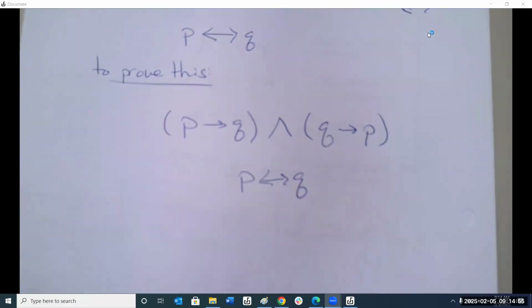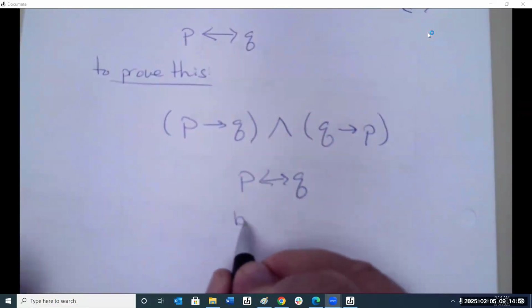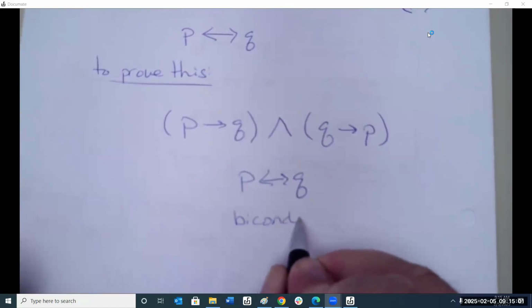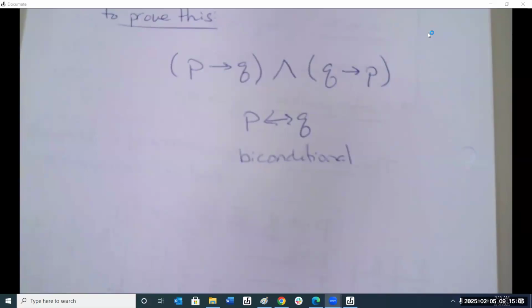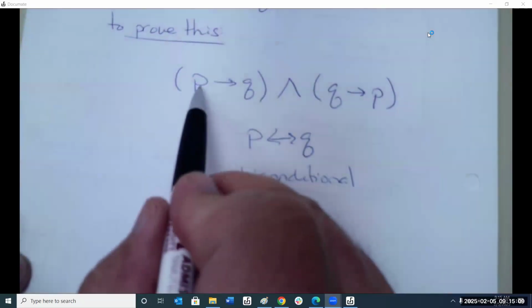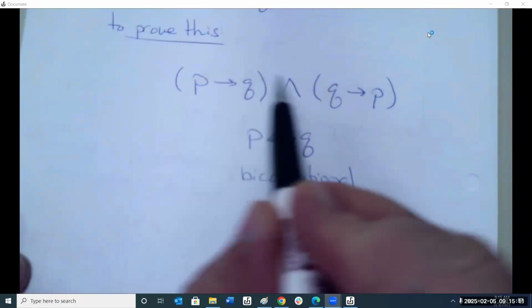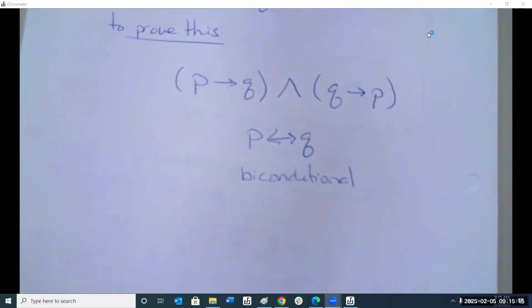It's bidirectional or biconditional. Why is it biconditional? Because here are the conditions: if P then Q, and if Q then P. So it's both directions.